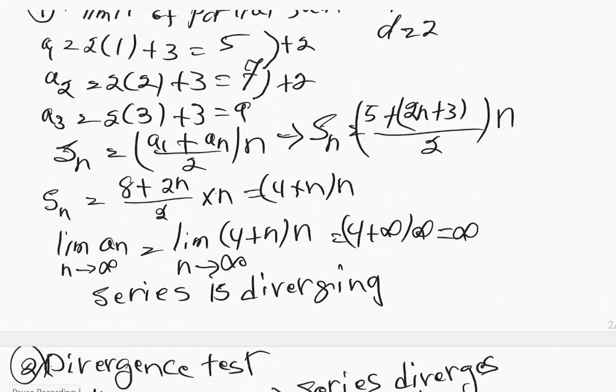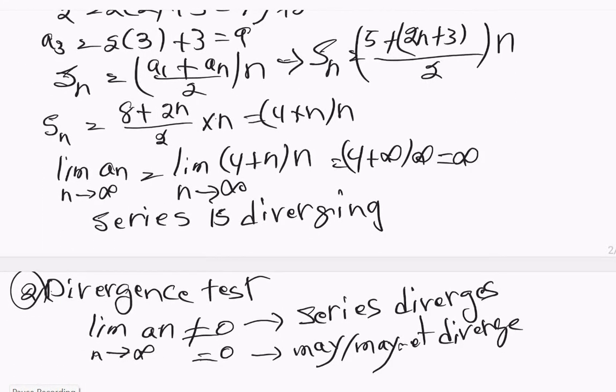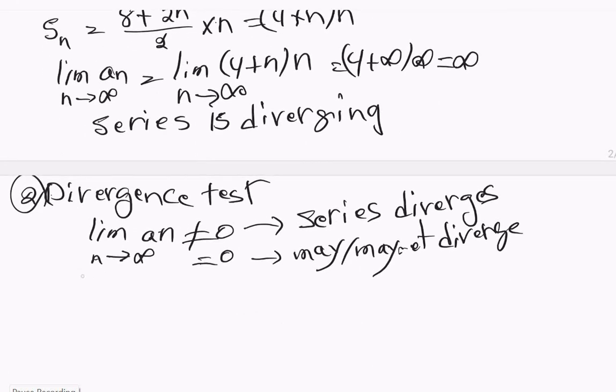So for this one, what we have here, the limit of 2n plus 1 as n approaches infinity equals 2 times infinity plus 1.